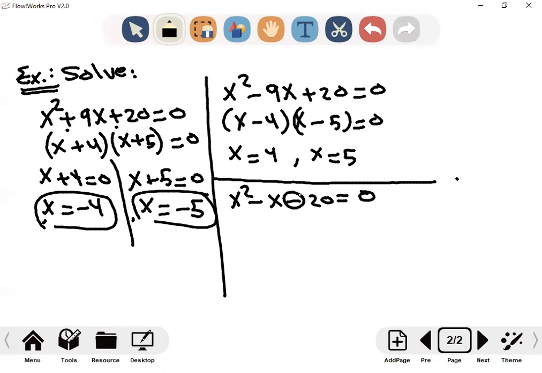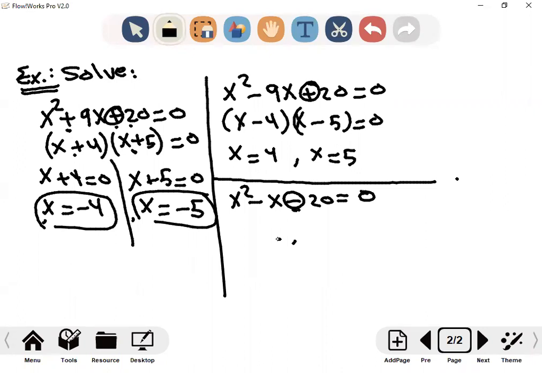In the first two cases, the last sign is always positive. If the last sign is negative, the signs in the brackets are different: one negative, one positive.